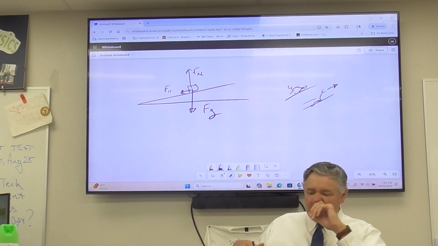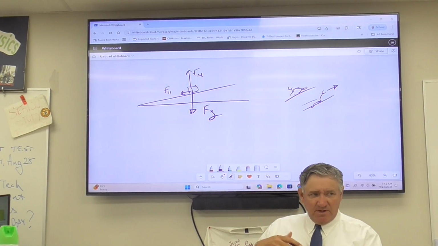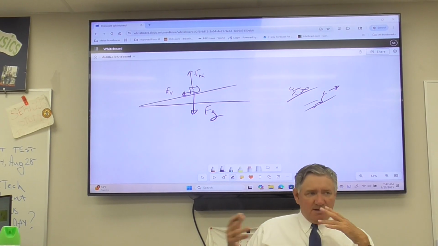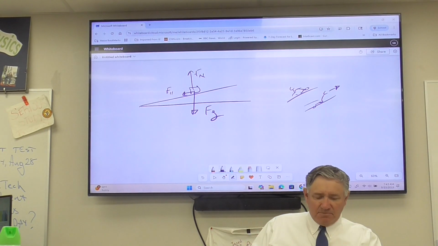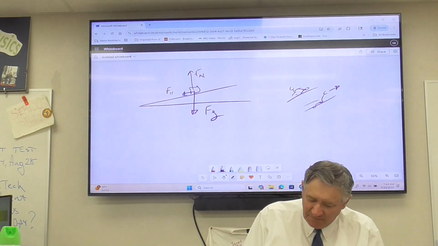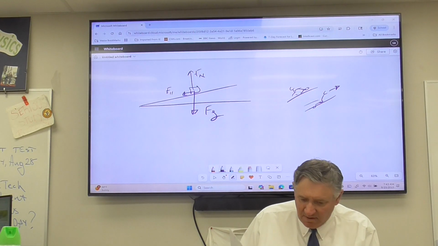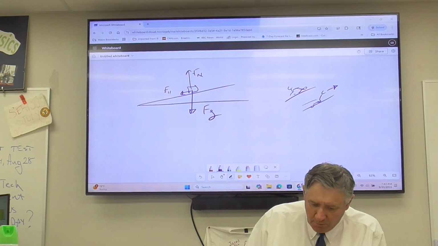So depending upon the situation, you just have to look at your applied force in the context of the problem. Because if number 5 starts wrong, everything is going to go wrong.